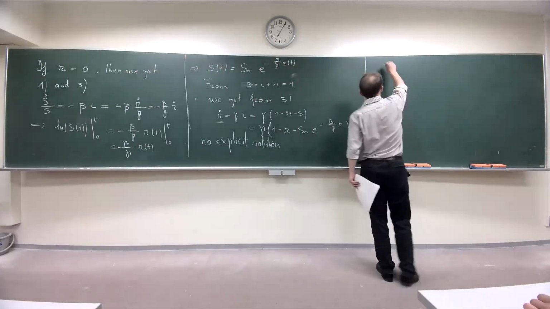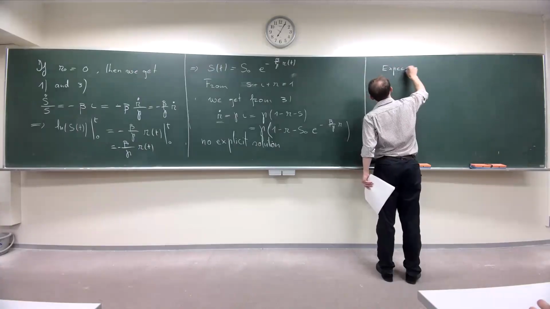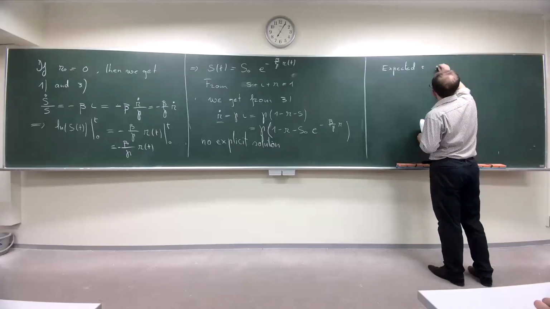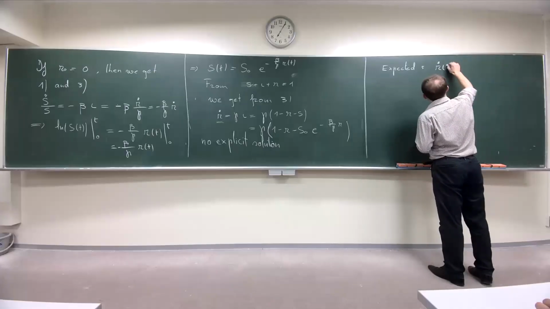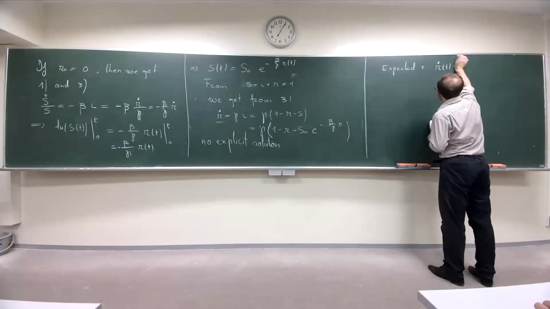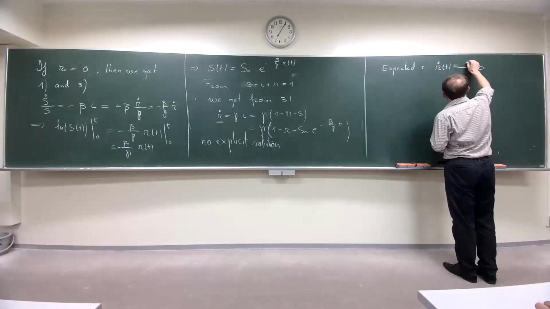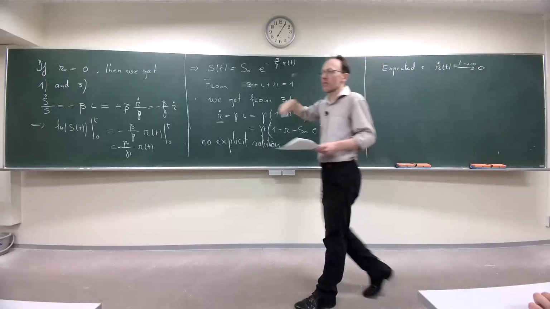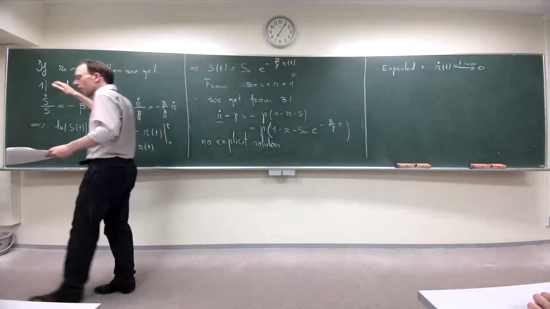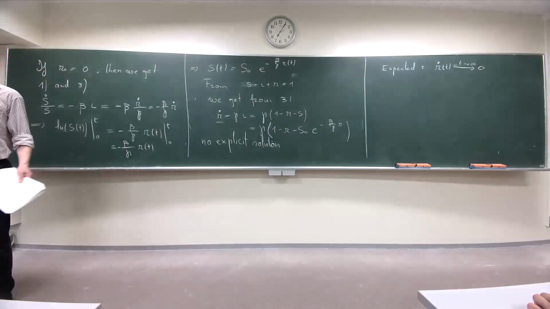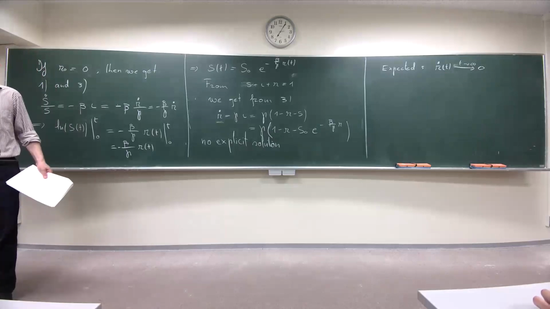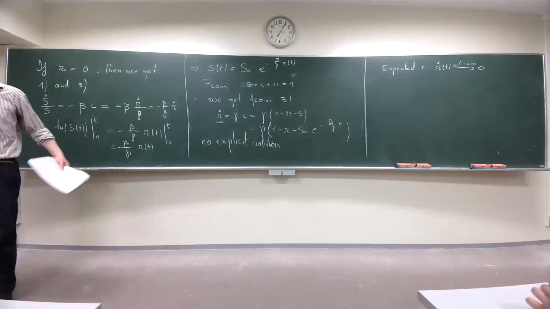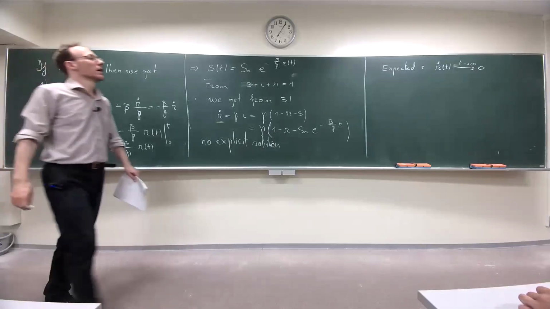However, what we can still say is that we can expect the derivative with respect to time of R goes to 0 as t goes to infinity. The number of recovered persons will just reach a constant because it's an increasing number. It's upper bounded by 1, so it can only reach something, and its derivative can only be 0.